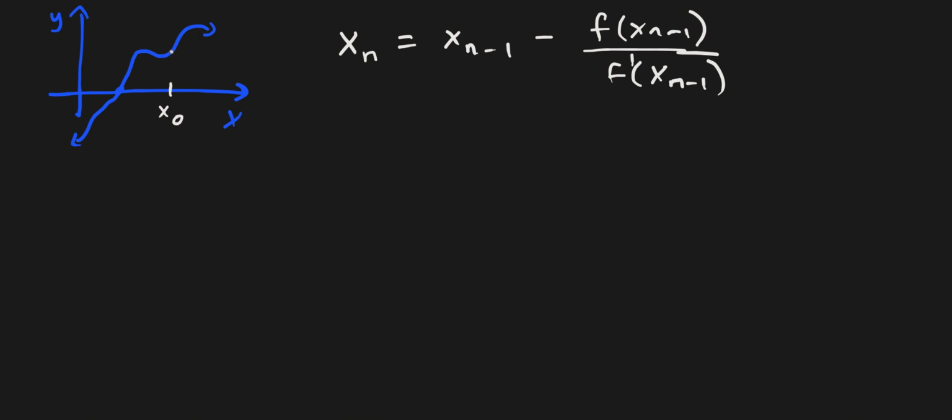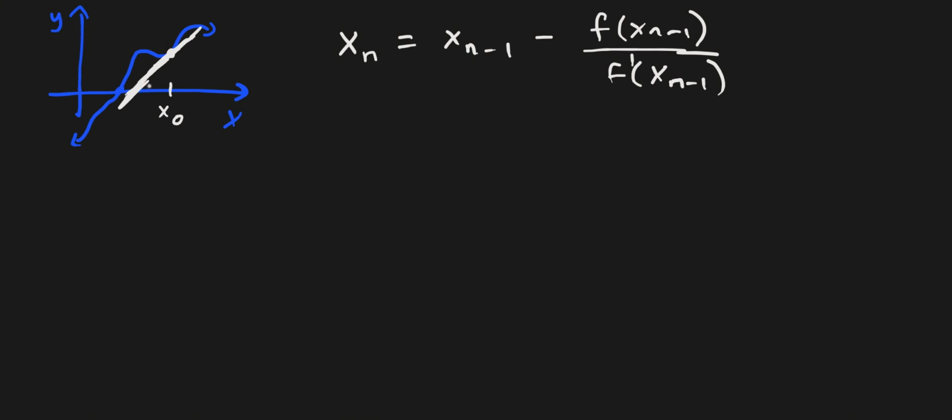In order to use Newton's method, we have to draw a tangent line going through this point. The tangent line is going to cross the x-axis at a point, and determining that point is quite easy.